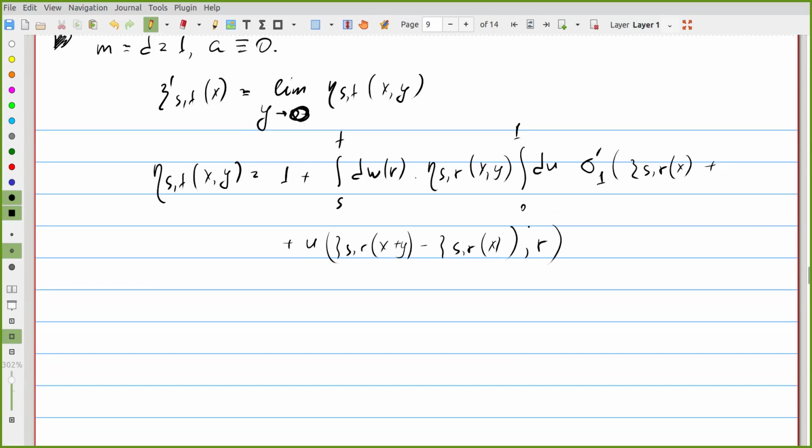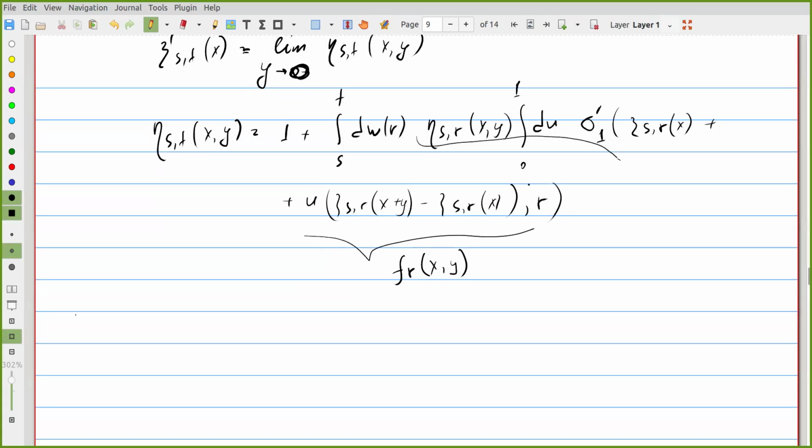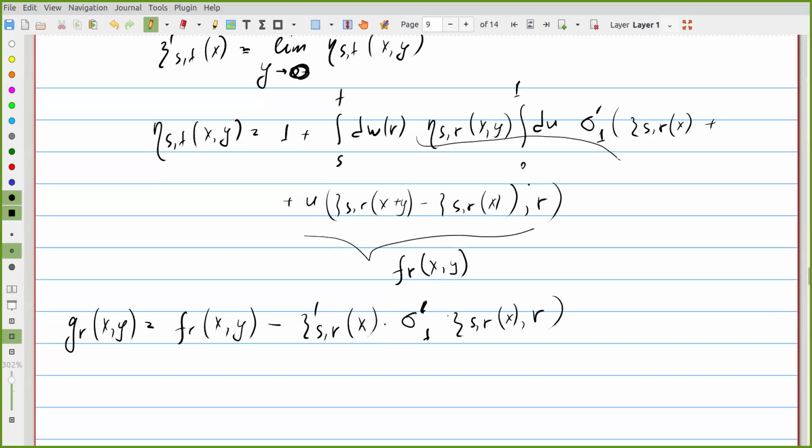Let me denote this whole part by f_r(x,y). Then let me introduce a new function, which is going to be equal to minus the derivative of ψ_r at point x times the expression that we want to obtain in the limit, ψ'_s(r,x).